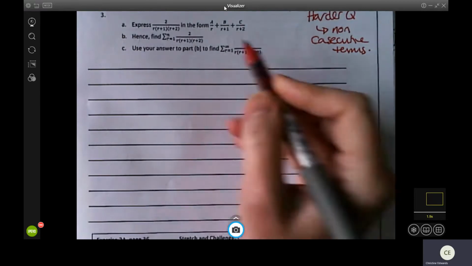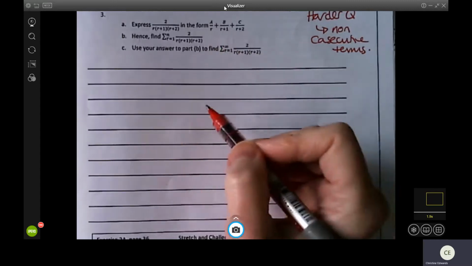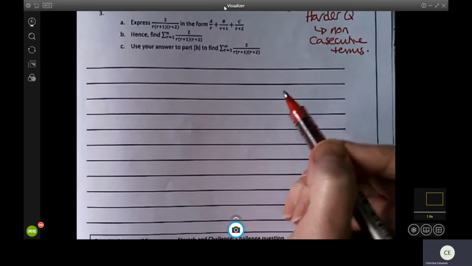Okay, and as you can see, we've got 3 fractions, so our cancellations are going to involve putting 3 fractions together.